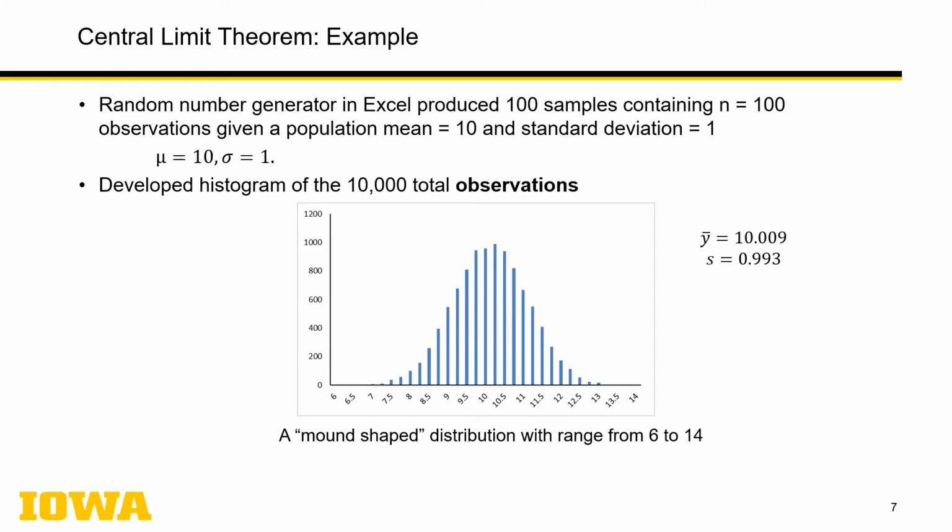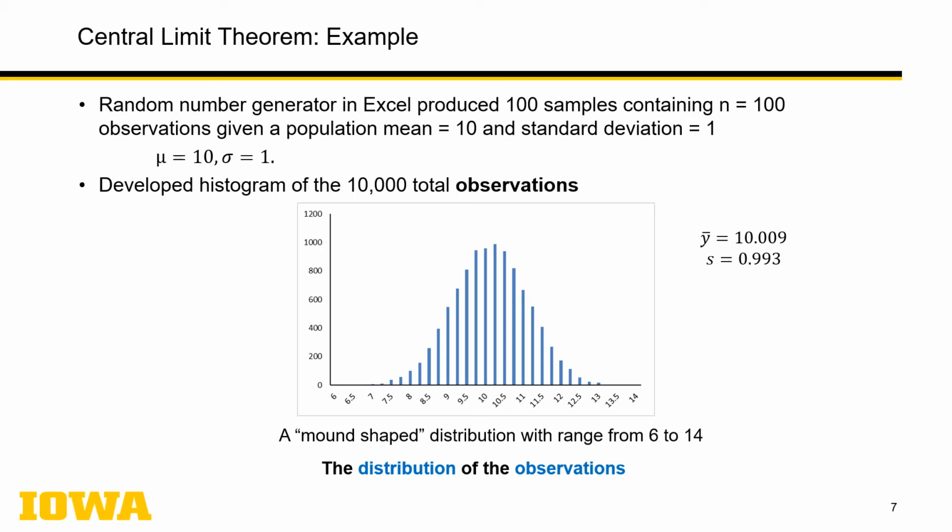You can see the actual mean of all 10,000 was around 10.009, and the standard deviation was 0.993, so very close to the expected values generated by the random number generator. So this is the distribution of the observations as we've been talking about so far in these modules. How are your observations within your population distributed?